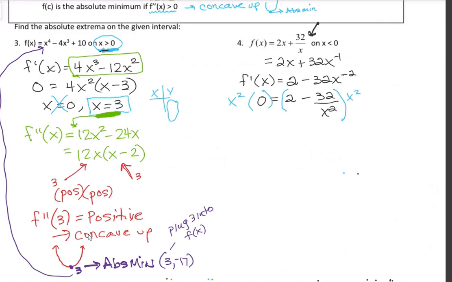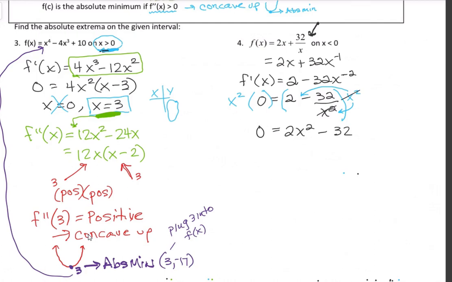So when I do that, I get 0 on the left. And now don't forget on this side to distribute that x squared to both of these terms. So I'm going to get a 2x squared. And on the second term, the x squareds would divide out, so I would just have a minus 32.